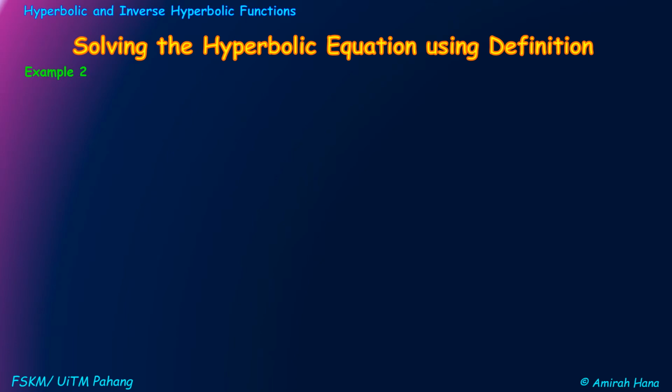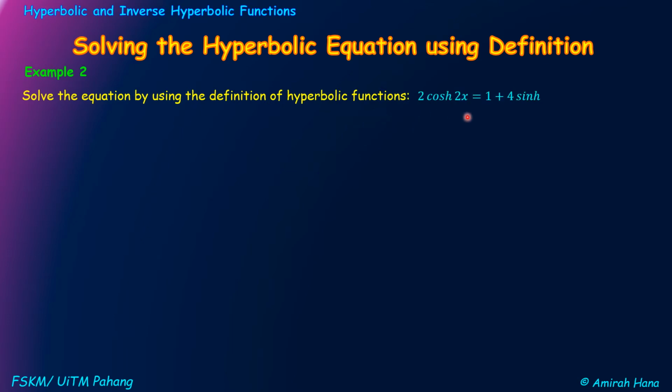Alright, now we look at example 2 under solving the hyperbolic equation using definition. Solve the equation by using the definition of hyperbolic function: 2 cosh 2x equals 1 plus 4 sinh 2x. From the given question, we have 2x and 2x here, which is the same angle.